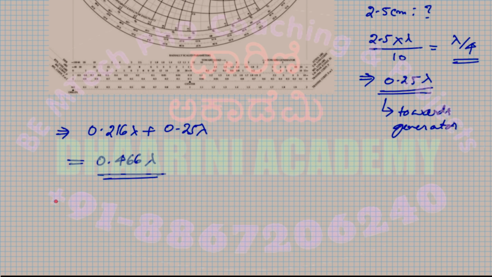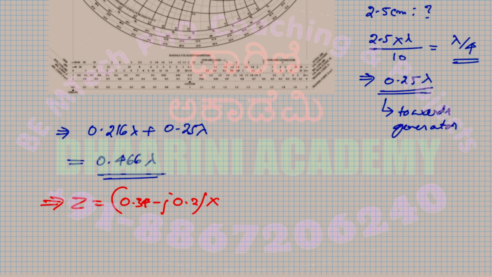Okay, so I'll calculate the Z value. Z is equal to, as we got, 0.34 minus j0.2 multiplied with the Z naught value. So in this case, what is the Z naught value? Z naught is 50.